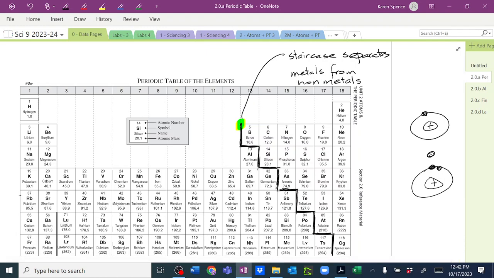I will show you where the metalloids are, okay? They're essentially the ones that touch the staircase with one exception, okay?